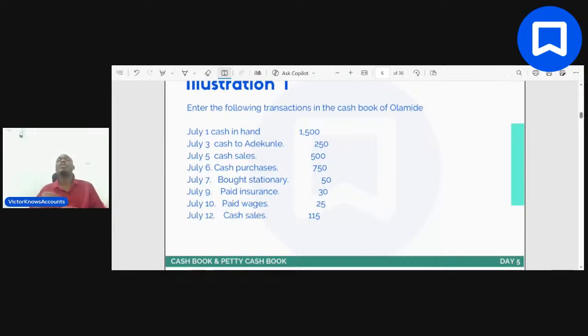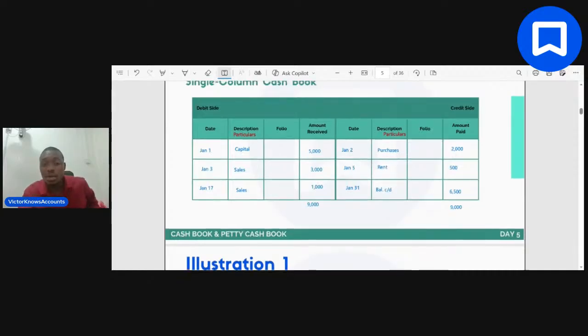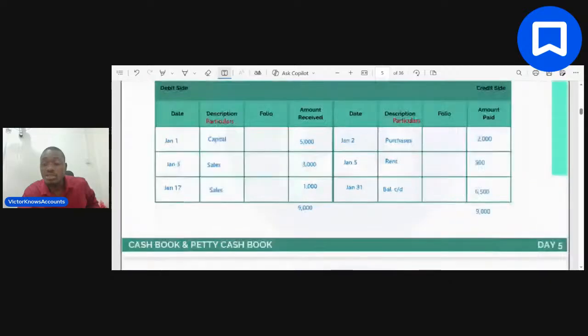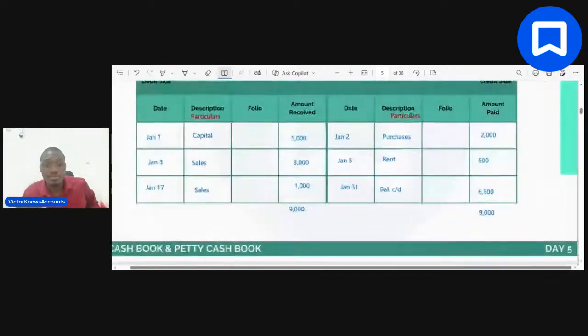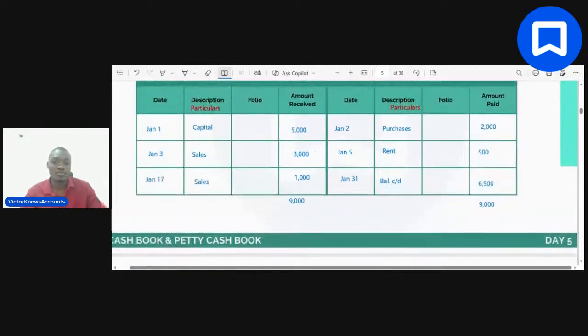Now if as at the beginning of the month he has 1.5, it means that as at the end of last month he had 1.5. Now this is what we are talking about. At the end of January, based on my hypothetical illustration here, our money remained 6,500 naira. Right. Now that is our cash in hand as at the end of January.